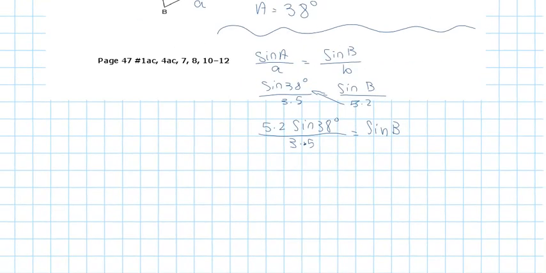So tell me what you guys got. 65 degrees? 66. So which one is it? Show me. I'm going to use the whole thing: 5.2 times sine 38 divided by 3.5, and sine inverse.